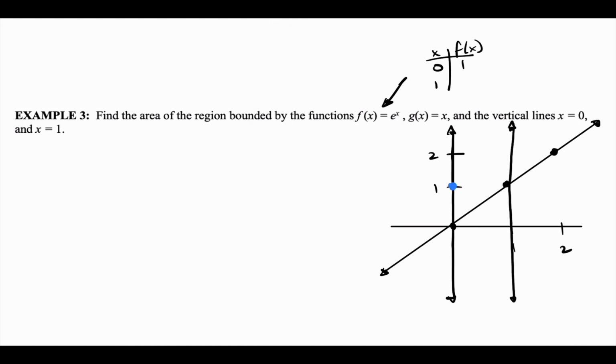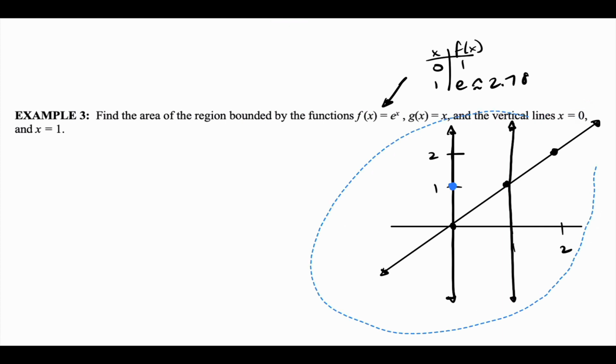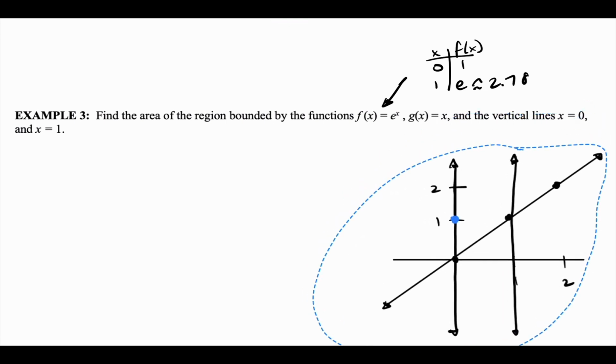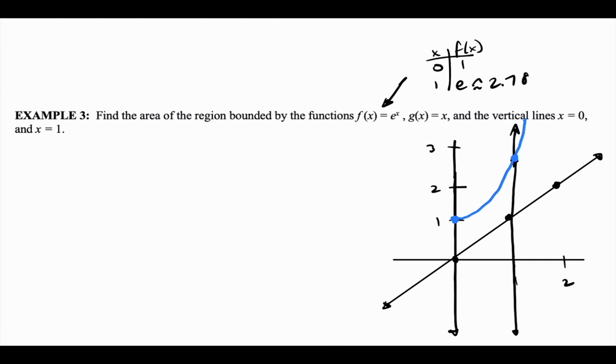Just e, which is around 2.78. So let me move my graph a little further down. Right around there. And e to the x is exponential, so it's not going to be a straight line, it's going to be a curve.